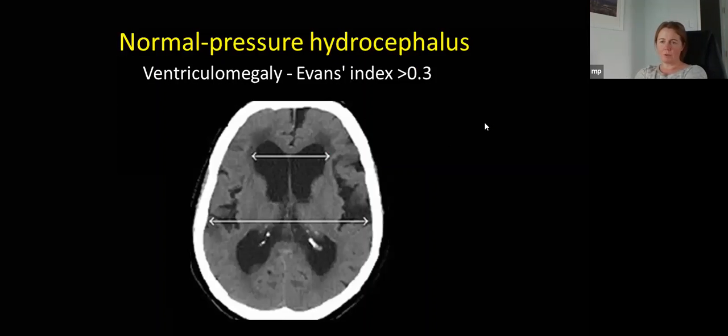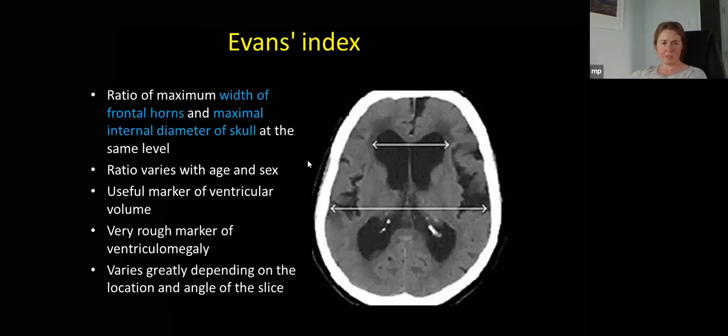So you probably have heard about Evans index, and it's basically a ratio. So you take the widest part of the frontal horns and you divide it by the maximum internal diameter of the skull, and it's a marker of ventricular volume, and it's a very rough marker.